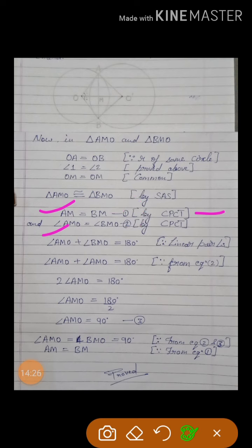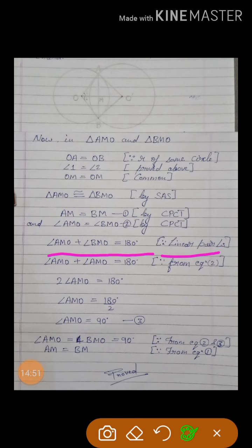Now we can see that angles AMO and BMO make a 180 degree angle, means these are linear pair angles on the same line. So we can write, as written here, angle AMO plus angle BMO equals 180 degrees, because these are linear pair angles.